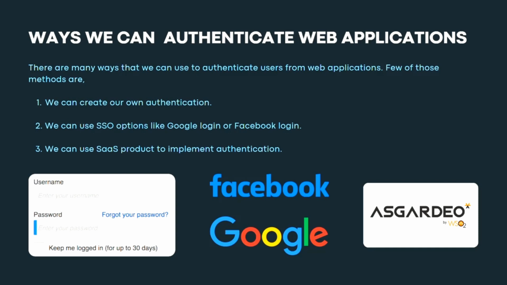The next one is we can use SSO options like Google login or Facebook login. Unlike the previous method, you do not have to build everything from scratch. Here, what happens is you trust that these services like Google, Facebook, LinkedIn, or GitHub have effectively handled the login process, and we trust those services and log the user into our system.